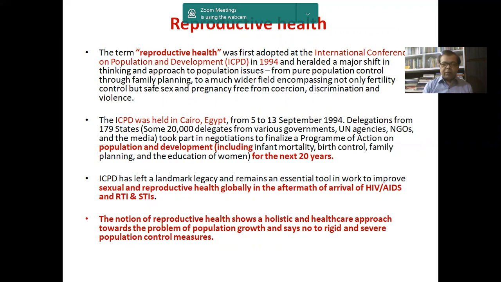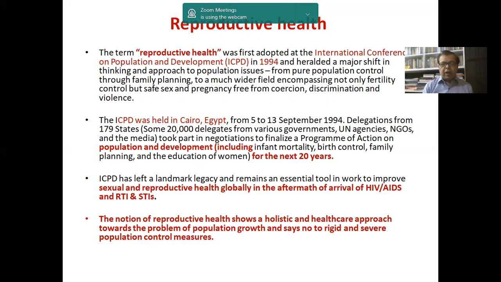1994. It was participated in by multiple agencies, basically representatives from various governments, and UN agencies and NGOs. It was agreed that the conclusions of this conference will remain applicable for the next 20 years.